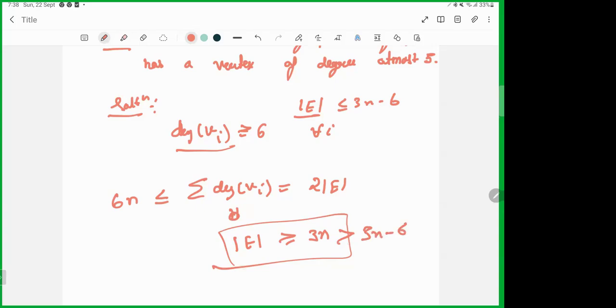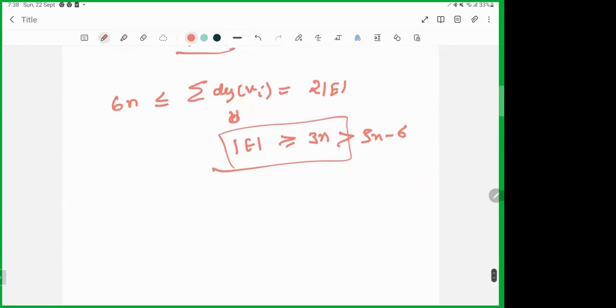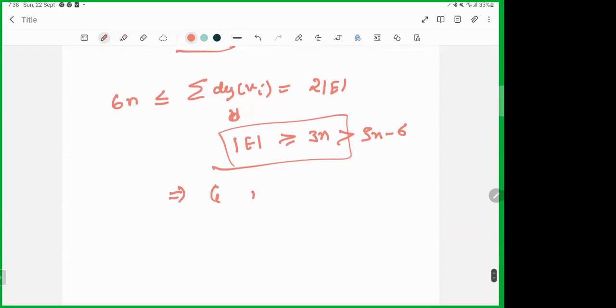So that is not possible, right? That means G is not planar. So this implies there exists a vertex in a planar graph of degree at most 5.